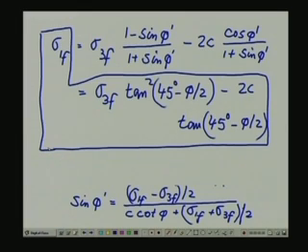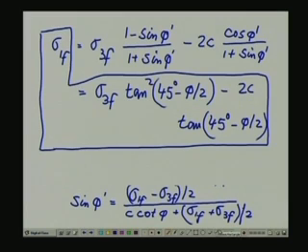So there is a definite relationship between sigma 1f, the major principal stress at failure, and the minor principal stress at failure, and the material properties, namely the friction angle and the cohesion intercept. If you know the friction angle, the cohesion intercept, and the cell pressure, or the minor principal stress, you could predict the major principal stress, or the axial stress, at which the sample is going to fail.